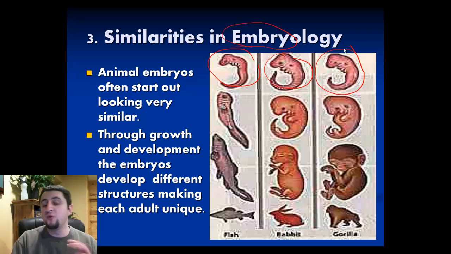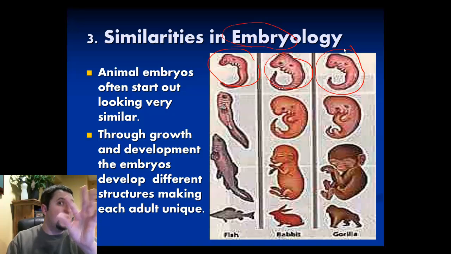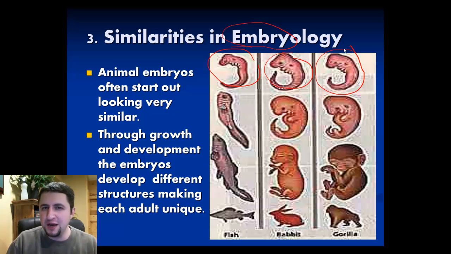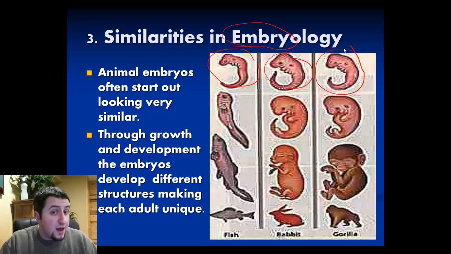Before you were even born, you were an embryo. So while you were still in your mother's womb, the little baby organisms all kind of look the same, right? Now, when you look at that, ask yourself, could that have happened by random chance? Or do you think that all of life, or at least animals, kind of share some similarities?